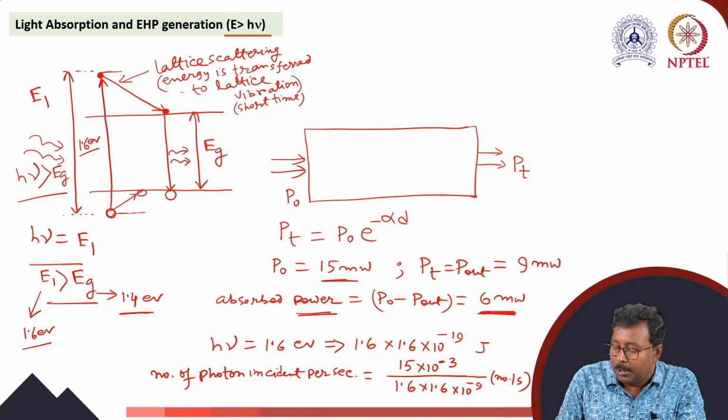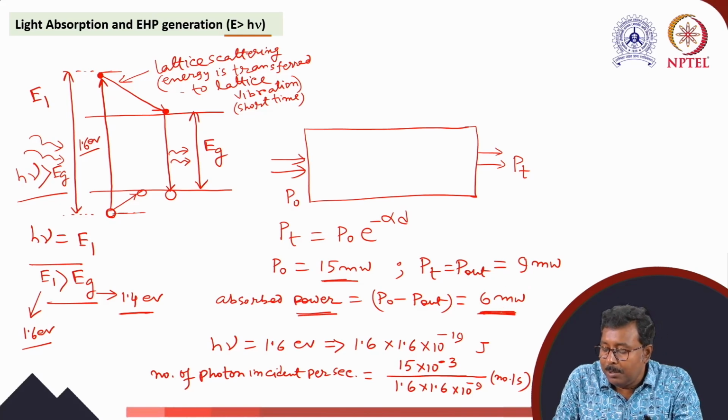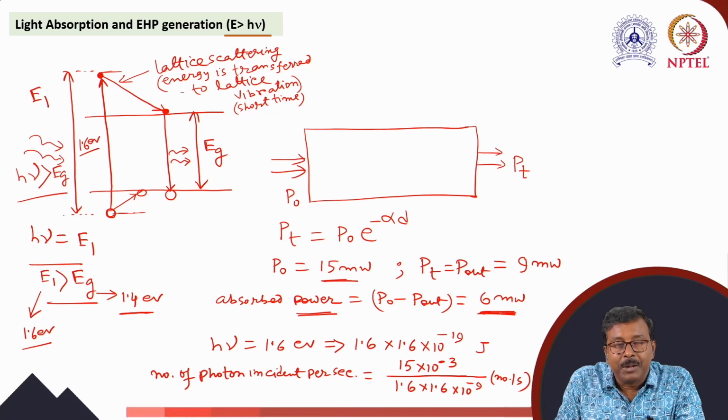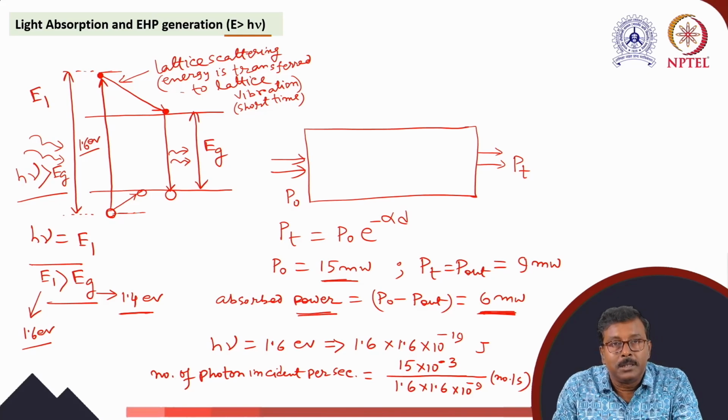First we have to determine out of this 6 milliwatt how much power is converted to heat, and the rest of the power will be giving the photon at the output if there is 100% efficiency. This can be calculated in the same way. So the detailed calculation of this type 1 problem will be discussed in the tutorial section of this week.